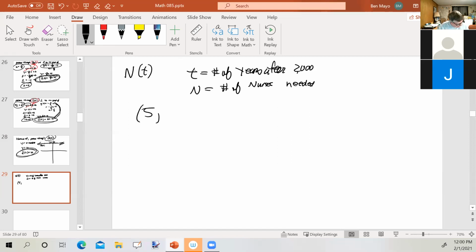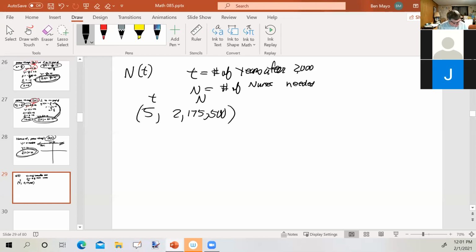In 2005, approximately 2,175,500 nurses were needed. So there's our first ordered pair. The time is 5 years after the year 2000, and the number of nurses, 2,175,500. Everybody okay with how I extracted that ordered pair?